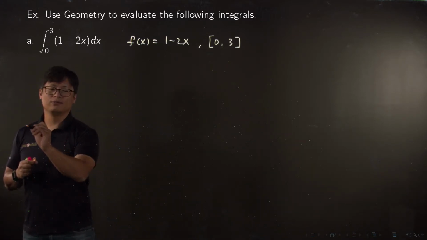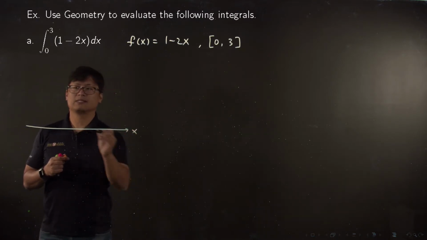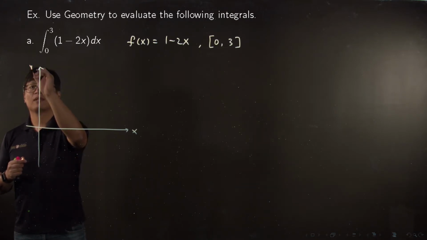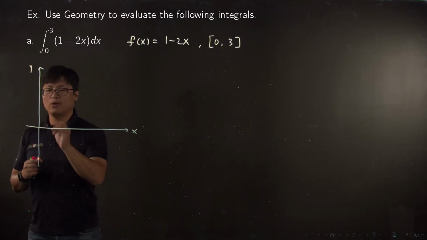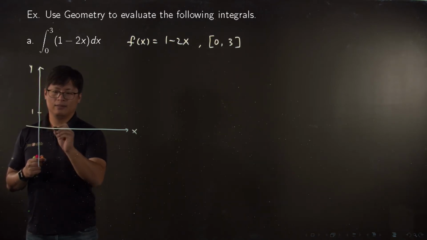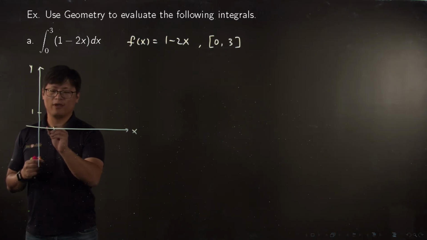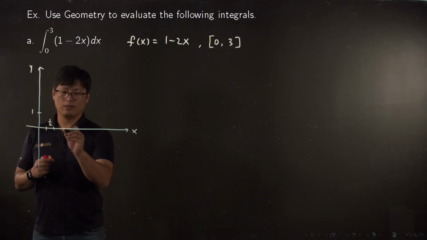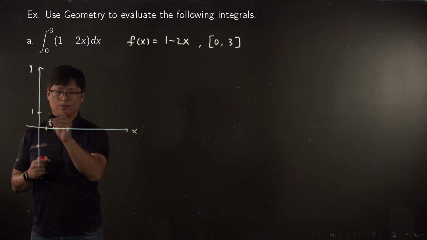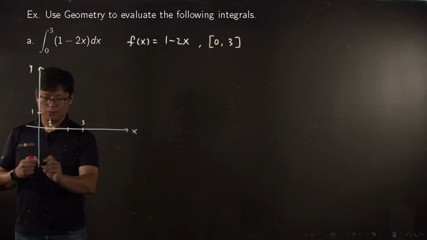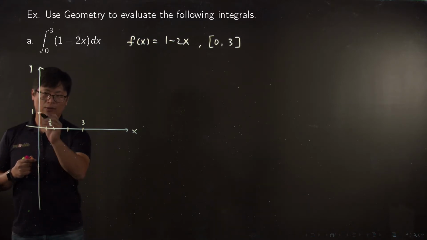Here we go. So this is x and y. When x equals 0, it will be 1. The x-intercept is 1/2. Then when x equals 3, we need more space down there.